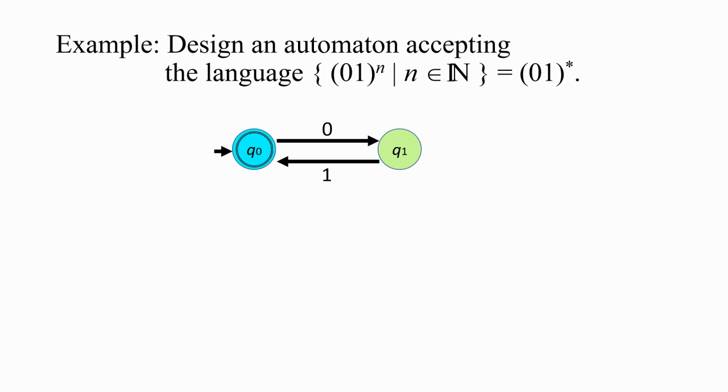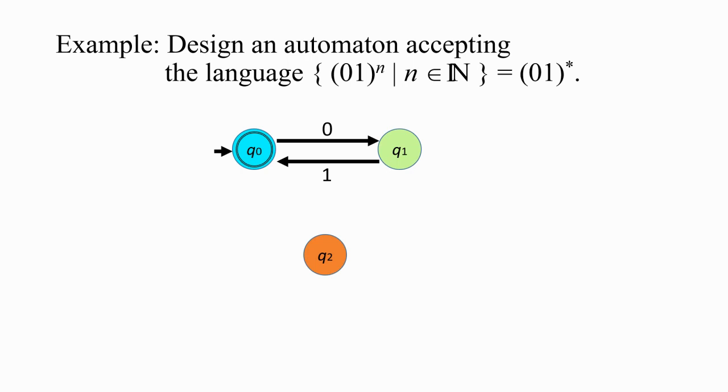Now this already represents the language, but it is not deterministic, so we need to create another state, Q2, to make it deterministic.